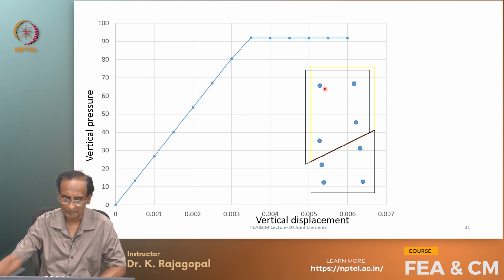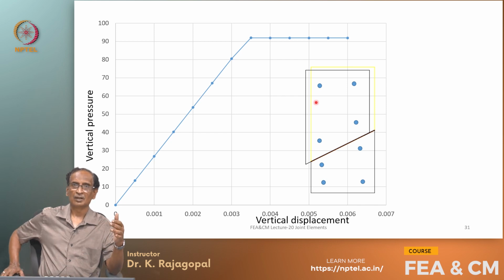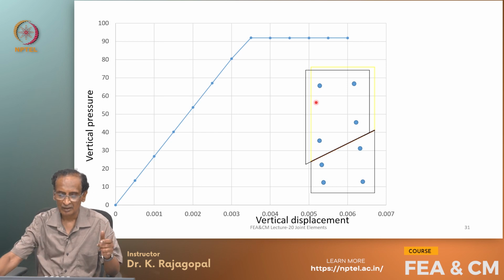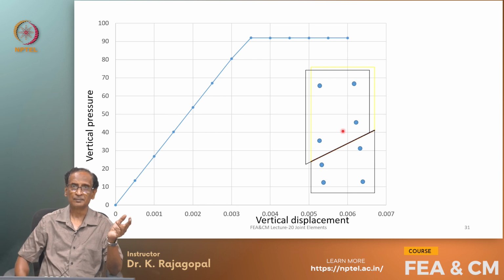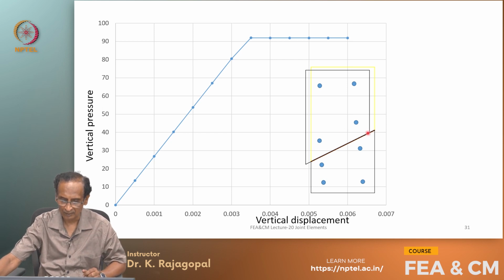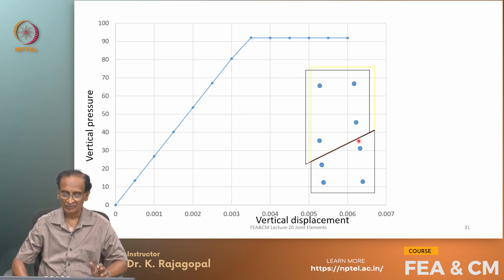These dots are the locations where our stresses are computed in the continuum element. The stiffness matrix of the continuum is formulated in terms of 2-point integration, 2 points in each direction, and for the interface element it is done with 3 points because it is a 6-node element.